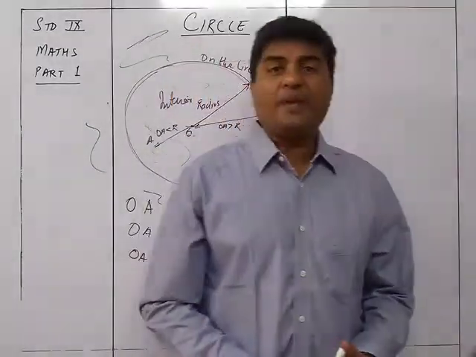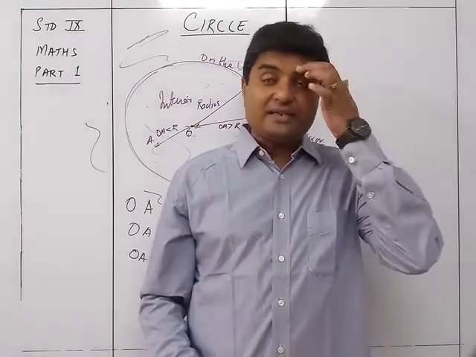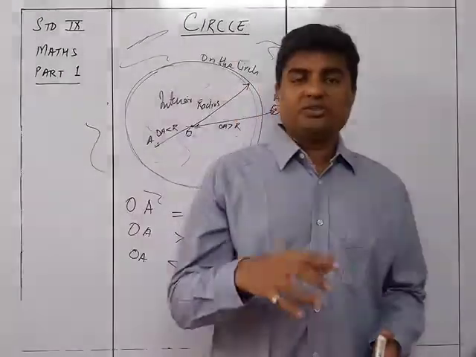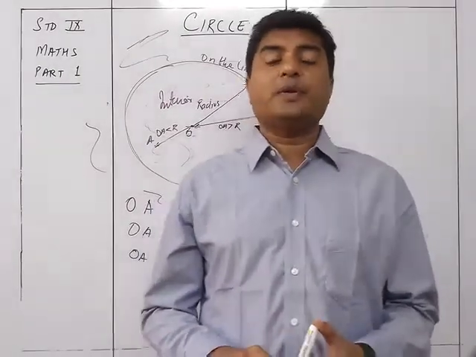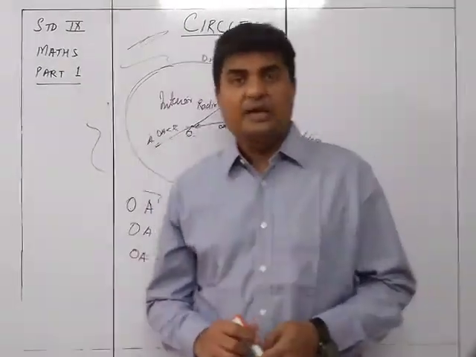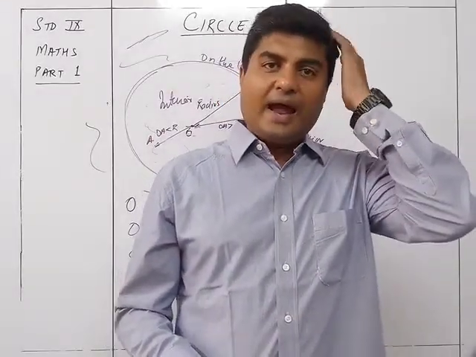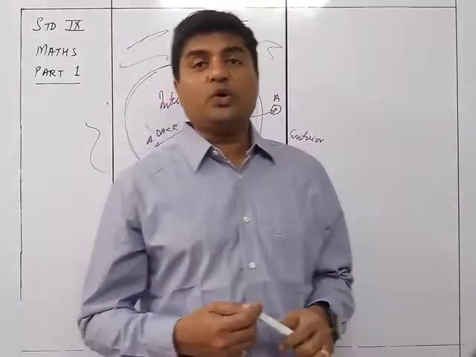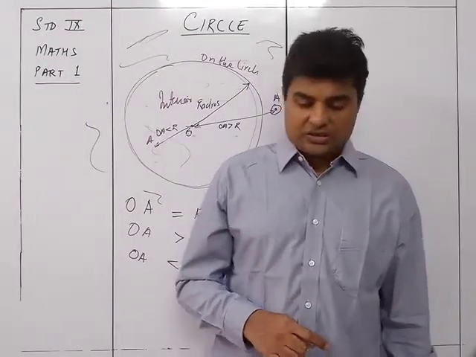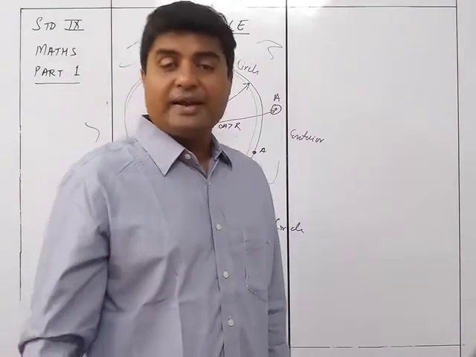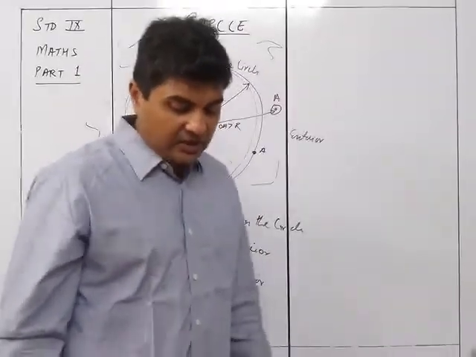The interior has the distance from the center to the point less than the radius. The exterior has the distance from the center to the point greater than the radius. And the last one, equal to R, is on the circle. So that is about the circle's interior and exterior.